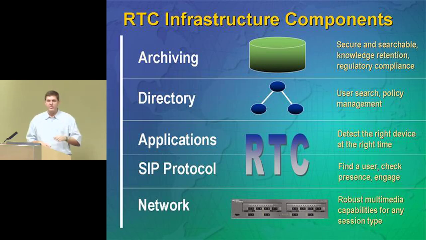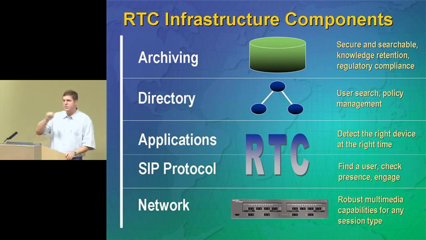So it's very efficient, about 32 kilobits per second per voice connection. If you're thinking about video, then it's another 128K. And for a data collaboration session, it depends on how much the user moves the mouse and resizes the screen, because all that data has to traverse the network.